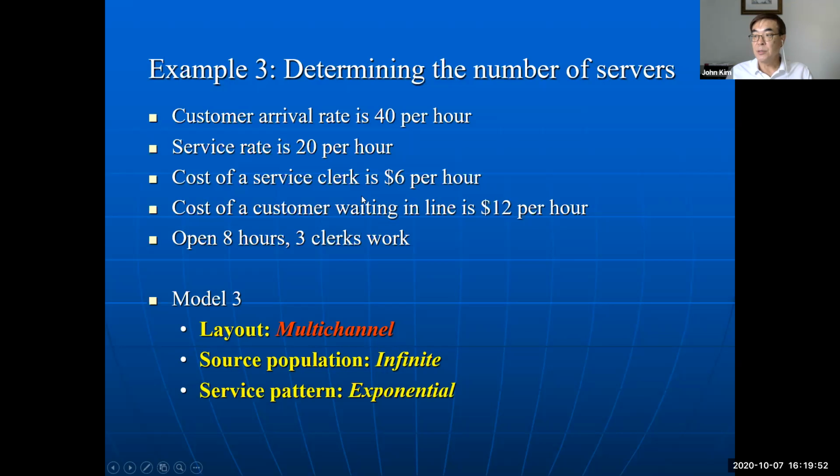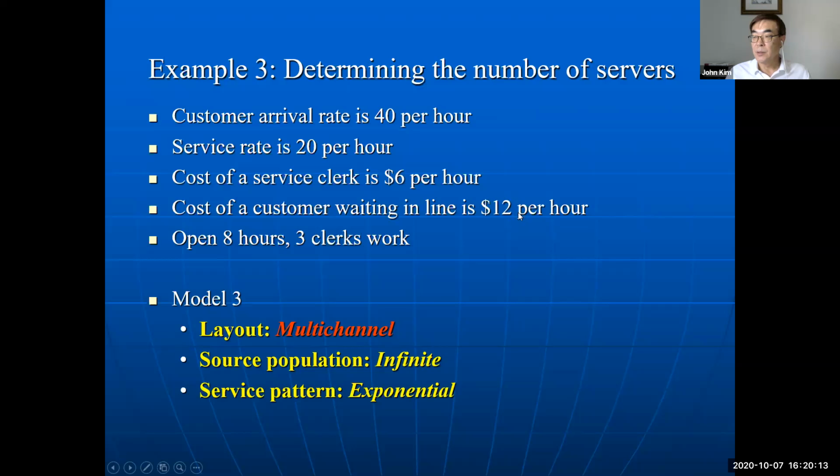If this system needs more workers, hiring one more clerk or worker costs $6 per hour. And the cost of a customer waiting in line is $12.